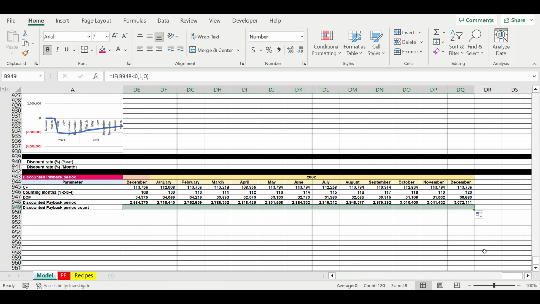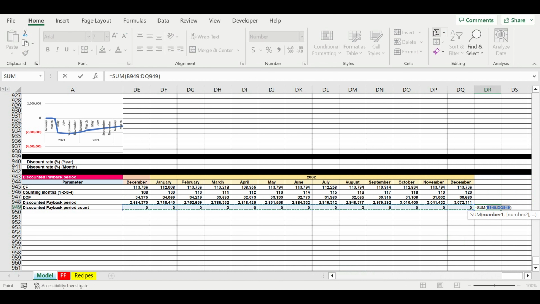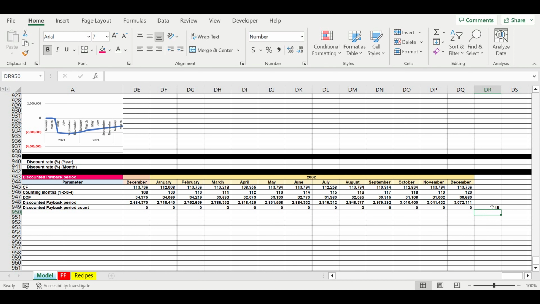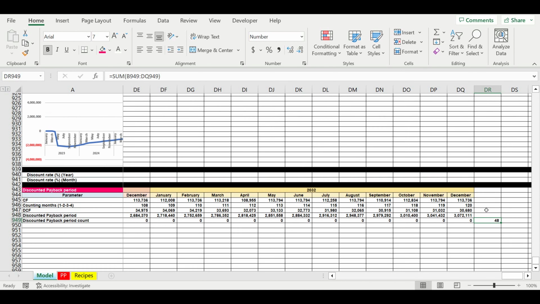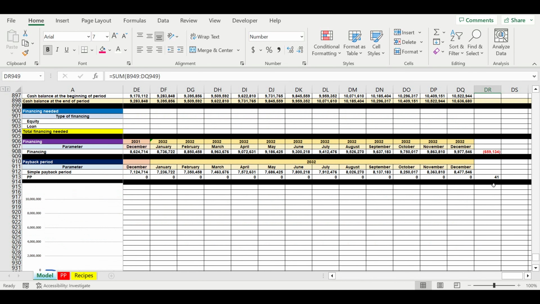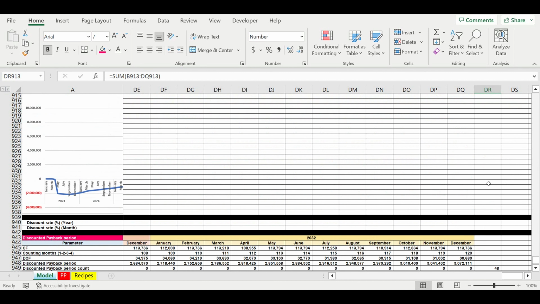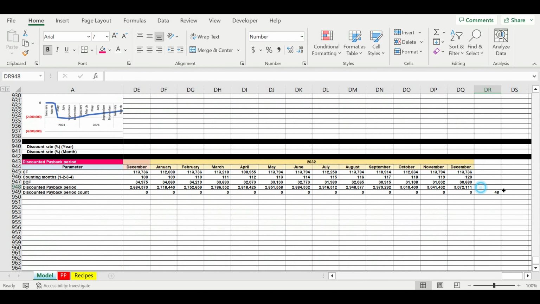Now I will create the totals for this line. So discounted payback period will be 48 months. Simple payback period will be 41 months. And NPV, net present value, will be this value.